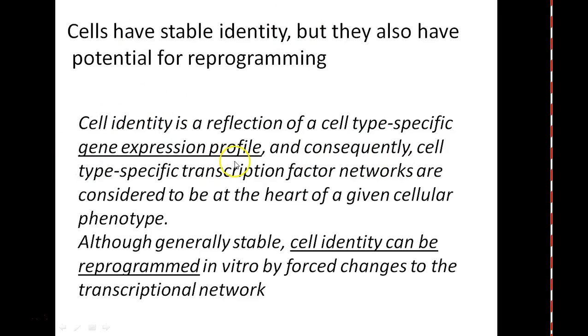Those different gene expression profiles are quite stable, so the cells can maintain their identity and specific functions. But cell identity can be changed, can be reprogrammed in vitro by forced changes to the transcriptional network. And this is the key in the reprogramming process, when we're trying to understand the mechanisms of reprogramming.